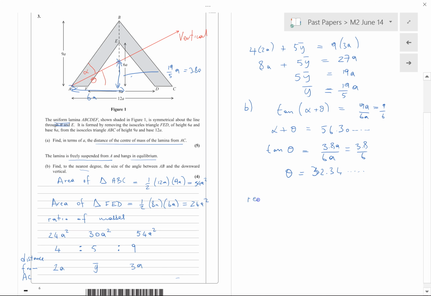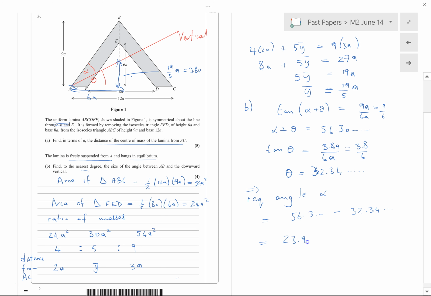So the required angle alpha is equal to the difference between these two, the 56.3 and so on, take away the 32.34 and so on, and that equals 23.96.